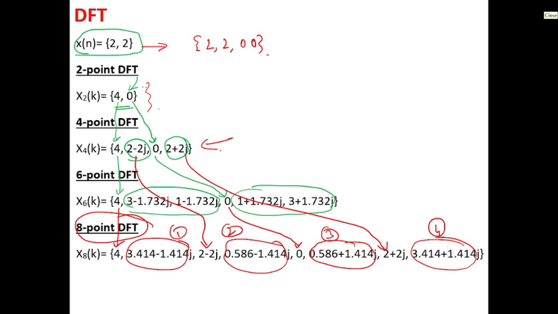Okay, but please be reminded, padding of zeros will not change the frequency components. It will not change the frequency components, but it will increase the resolution of the already existing frequency components.